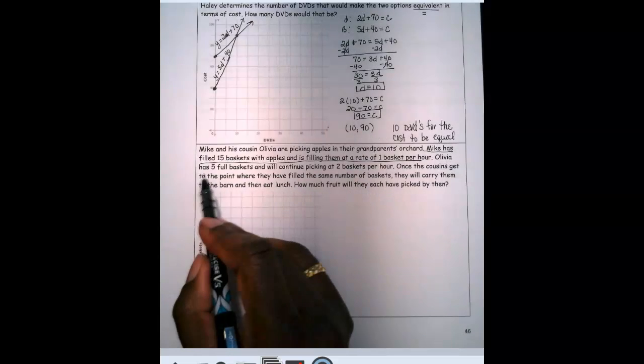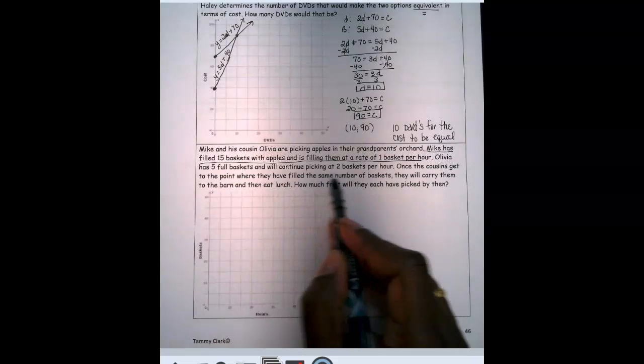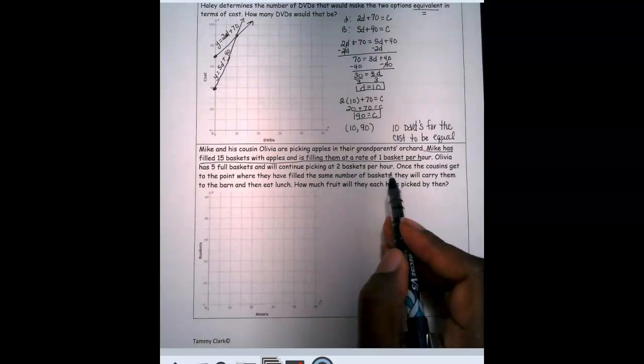So here's Mike, and this is what Mike is doing. And then we've got Olivia has 5 full baskets and will continue picking at 2 baskets per hour. Okay, so here is our second situation or second equation.